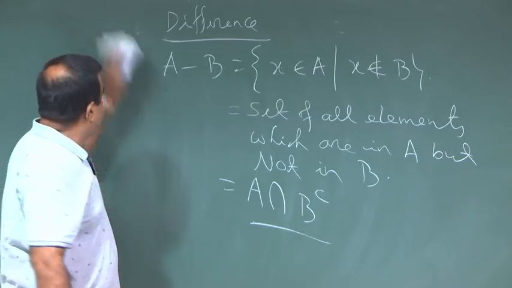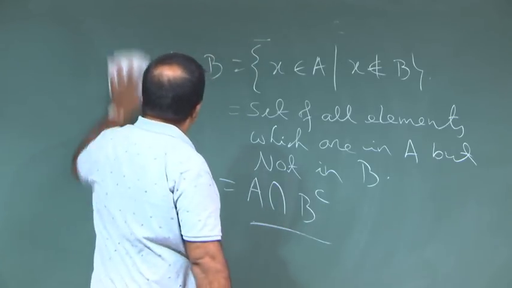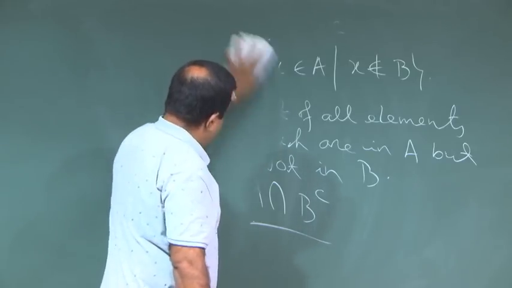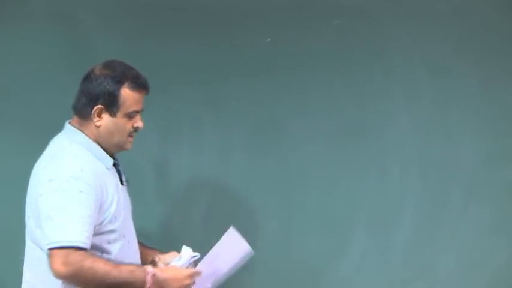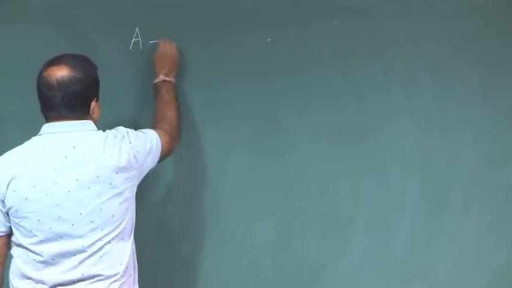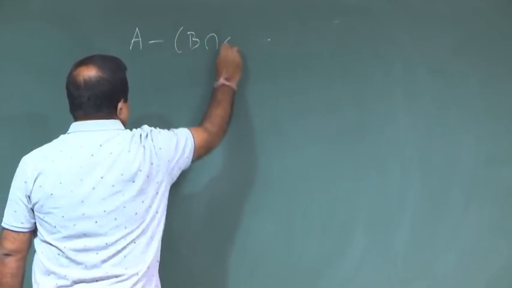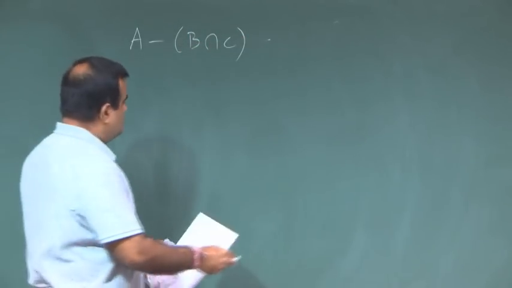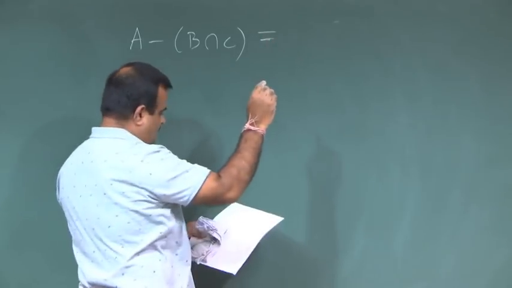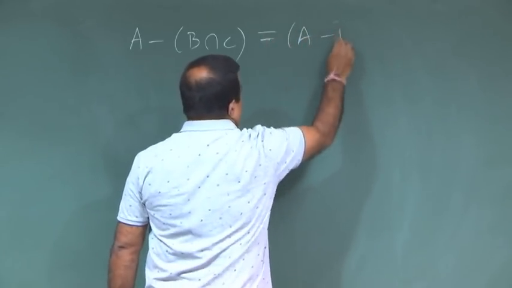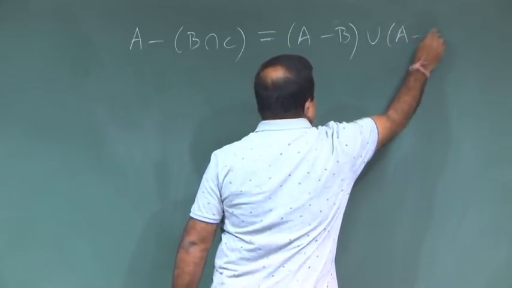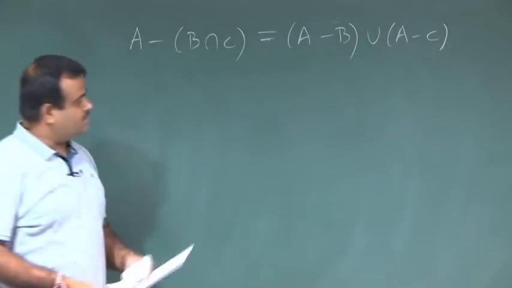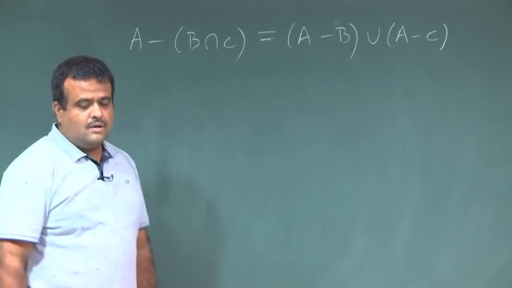Now, we can have some properties on this. Say the first property is A minus B intersection C is basically A minus B union A minus C. Okay.